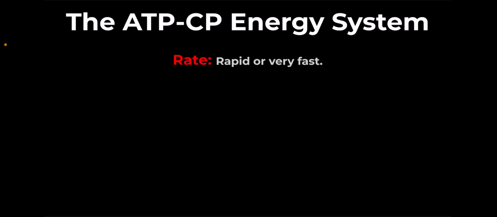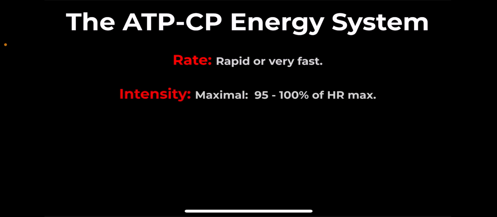Now, if we look at our terminology and link it into this system, the ATP-CP energy system has a rapid or very fast rate. This happens instantaneously. This allows for maximal intensity to be achieved, 95 to 100% of our effort or our exertion.